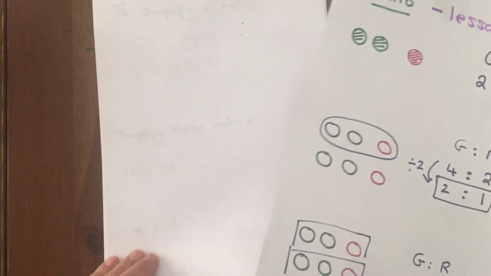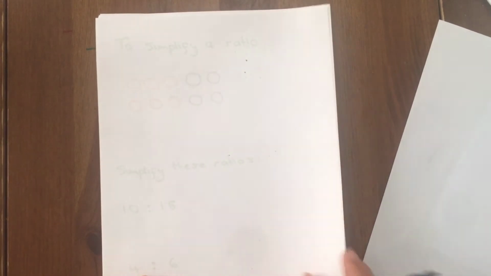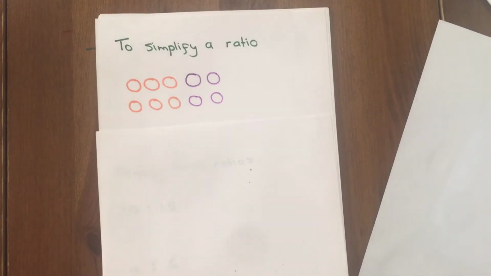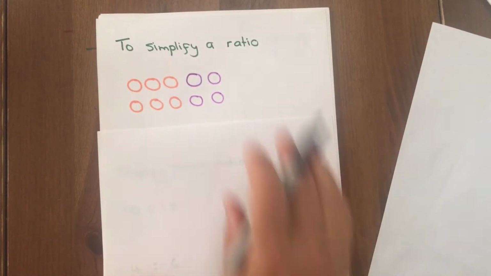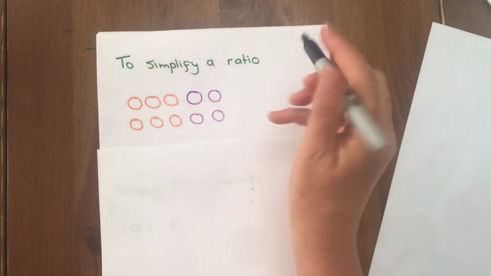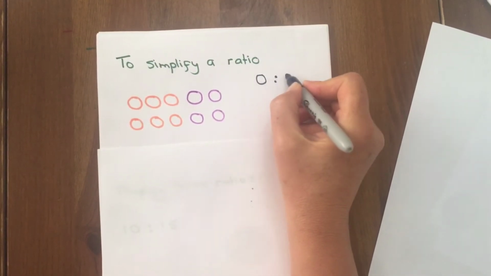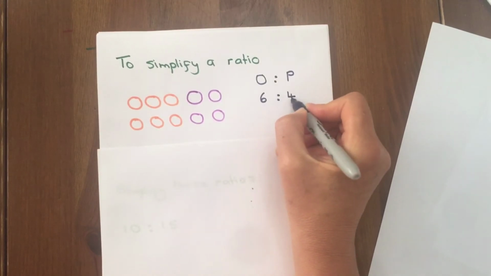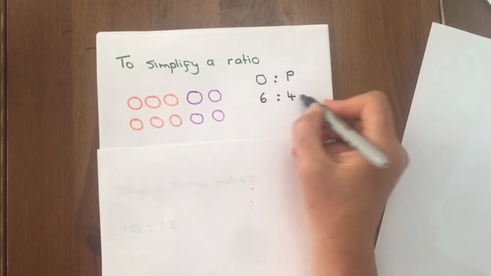Okay, so you may get a question like this. I would like you to simplify this ratio of orange to purple. Okay, so orange to purple is 6 to 4. So what can I do to 6 and 4?